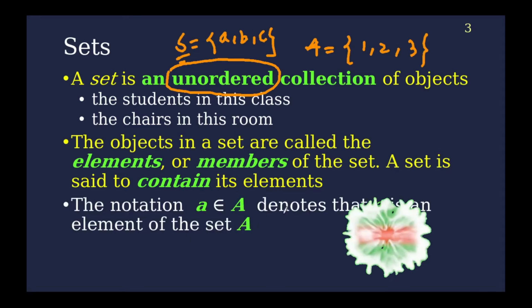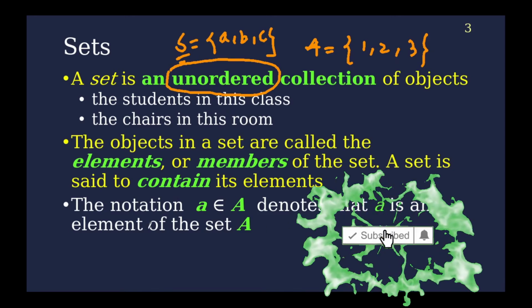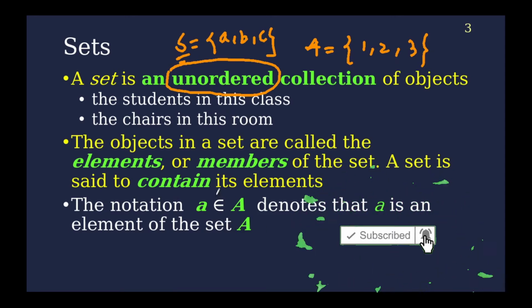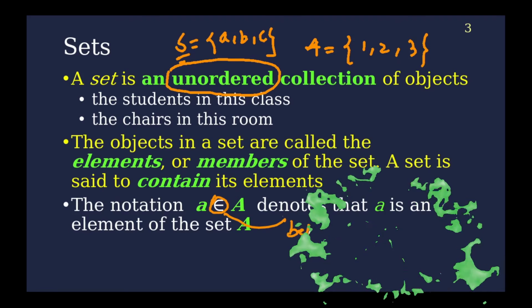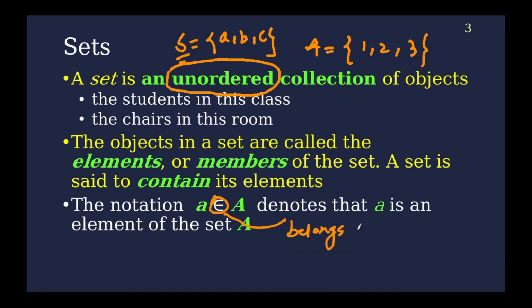The notation a belongs to A denotes that a is an element of set A. This notation is read as belongs to, which means it is a part of that particular set. So element a is a part of set A. Normally, capital letters are used as notation for sets.